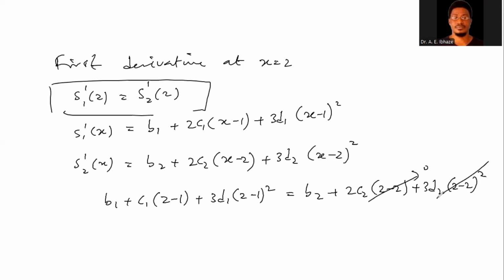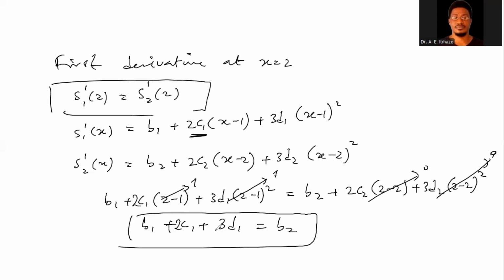So this reduces to 0, this reduces to 0, then this goes to 1, and this also goes to 1. So there we now have B1, now this is 2C1, not C1, 2C1 and 2C2, yeah. So this will give us B1 plus 2C1 plus 3D1 will be the same as B2. Here's another equation in the system.